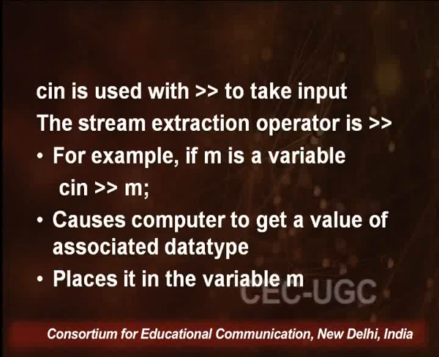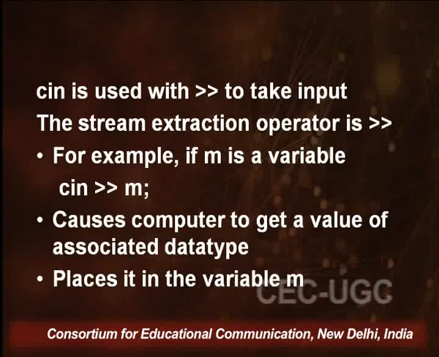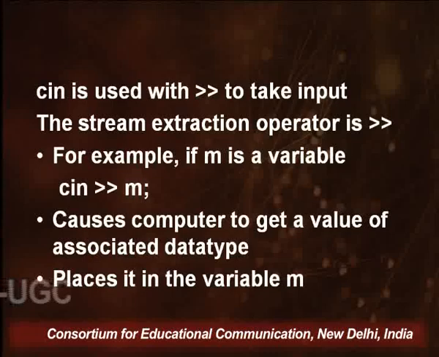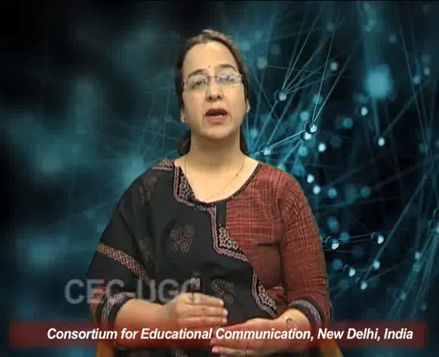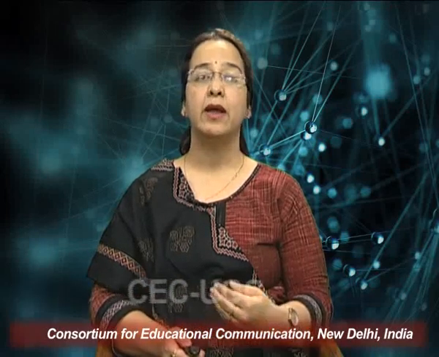So, this statement cin >> m is going to cause the computer to get a value of the associated data type and place that value inside the variable m. Associated data type here basically means whatever data type was declared for m. If we have declared float or double, we are expecting a real value, or if we have declared it as integer, we are expecting an integer value.